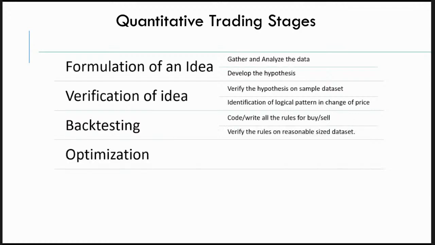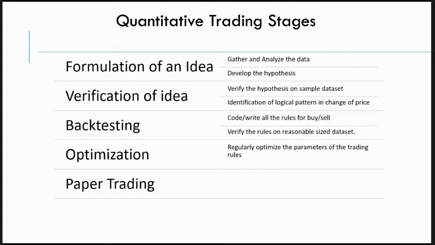After that comes optimization, which is the optimization of the parameters for the rules you have written in the backtesting stage, so that it works seamlessly even in different market scenarios.